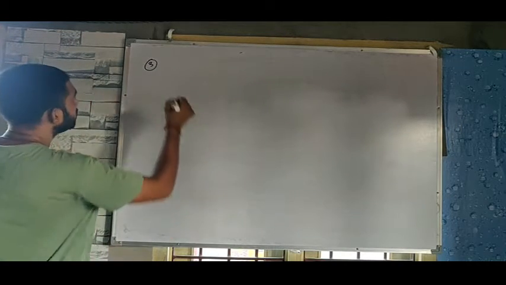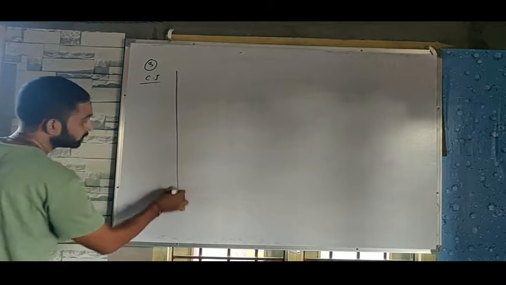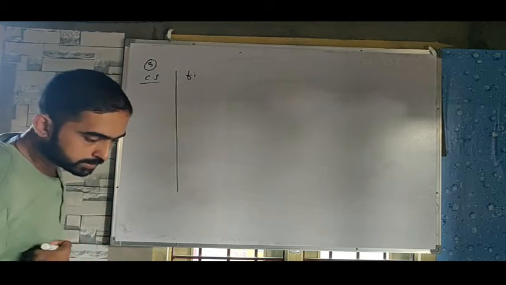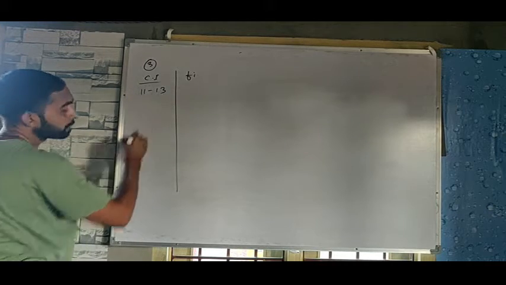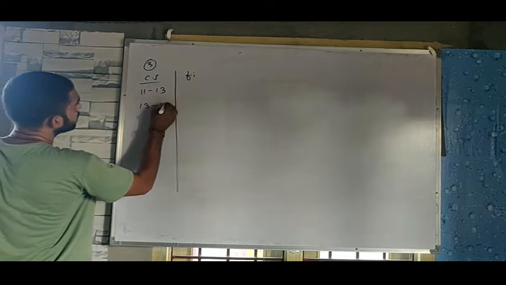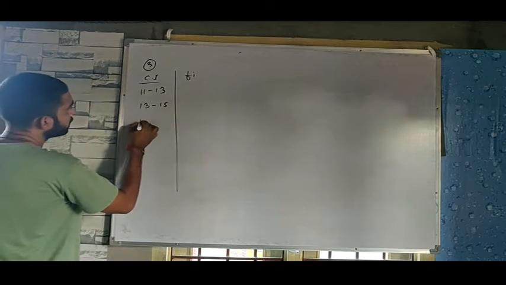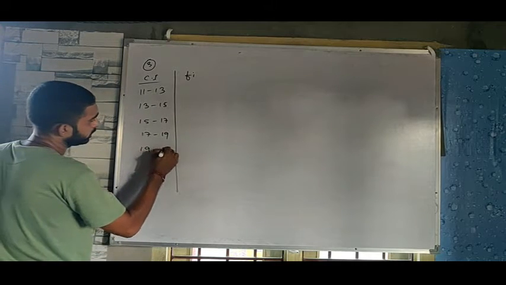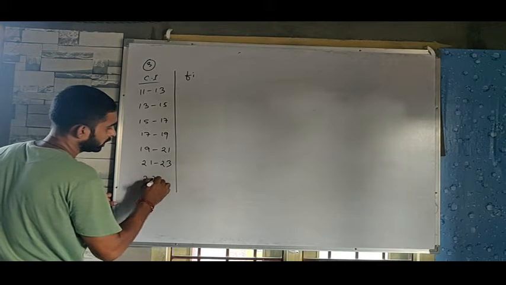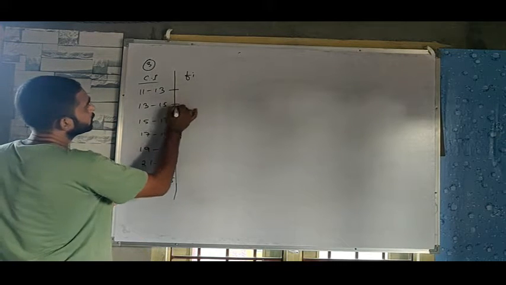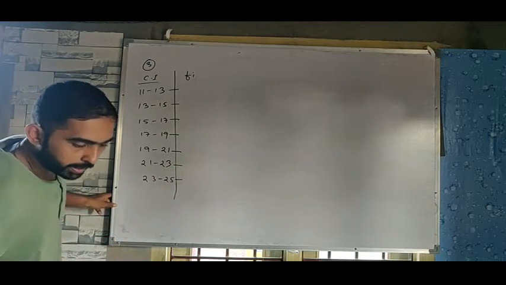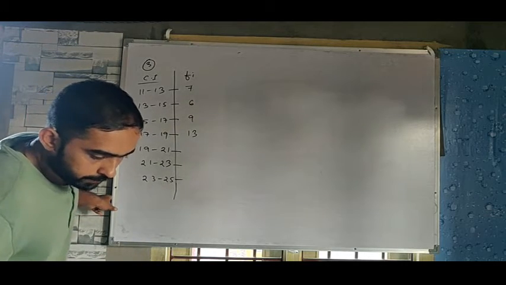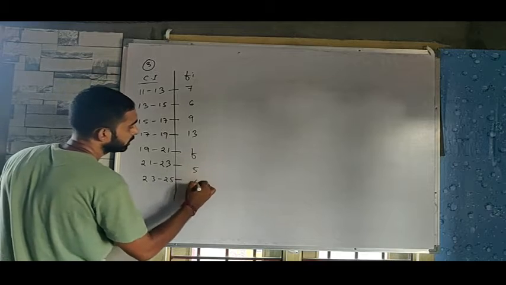First the class interval, CI, then fi. CI is given as 11 to 13, 13 to 15, 15 to 17, 17 to 19, 19 to 21, 21 to 23, and the last one 23 to 25. The frequencies fi are 7, 6, 9, 13, then f, 5, 4.